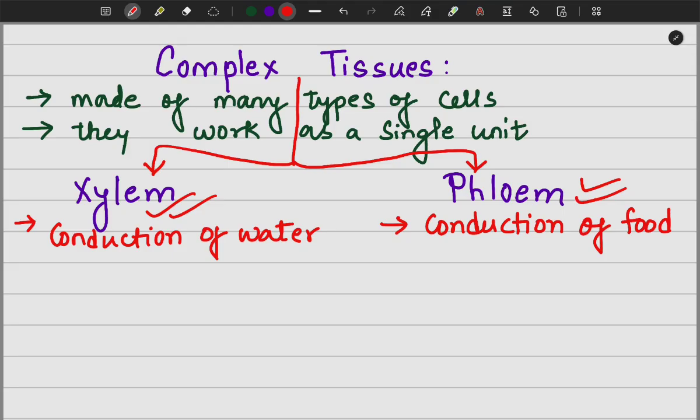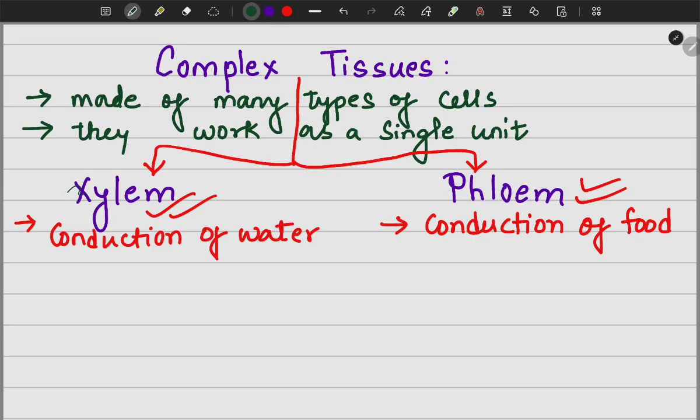So we will start with xylem. Both of these complex tissues are made up of 4 types of cells each. Let us write down the names of the cells which constitute xylem and phloem.